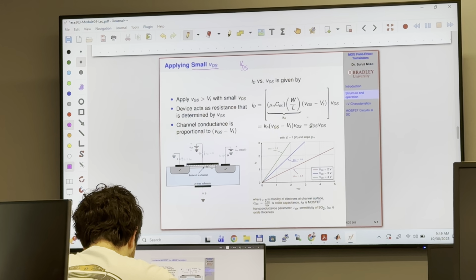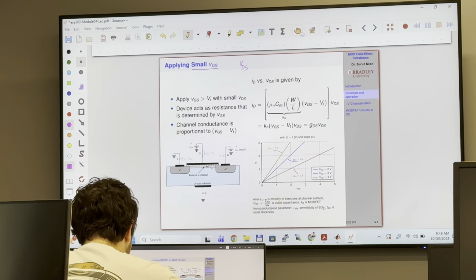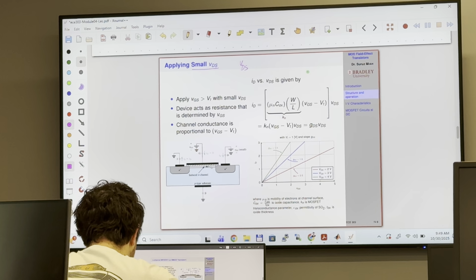How is it? Through some experimentation, the channel conductance, this channel conductance. What is conductance? Conductance is opposite of resistance, right?